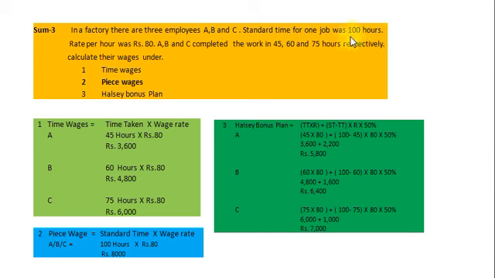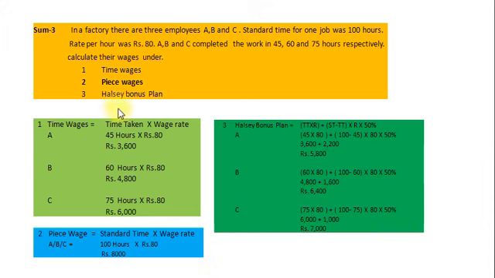So all the laborers will get piece wage on standard time basis. So their piece wage will be standard time multiply by wage rate, that is 100 hours multiply rupees 80. So rupees 8000 each laborer. A, B, C, all three will get rupees 8000 individual laborers wages.